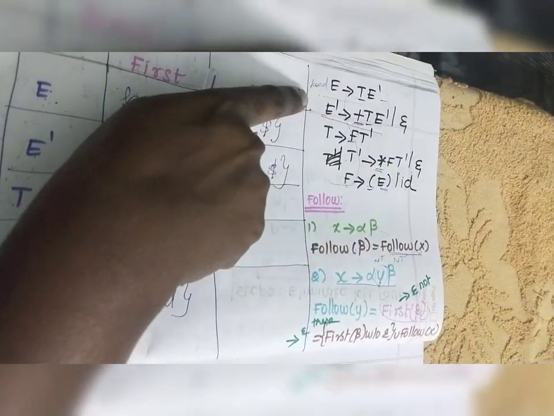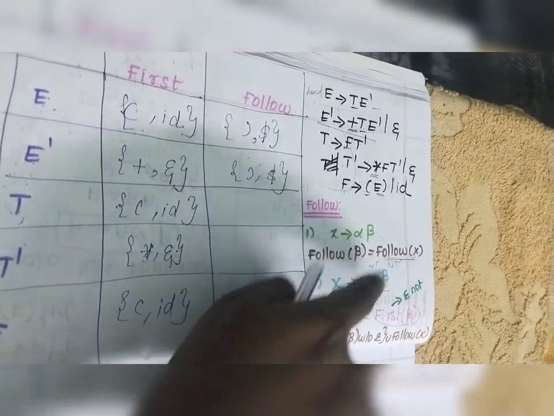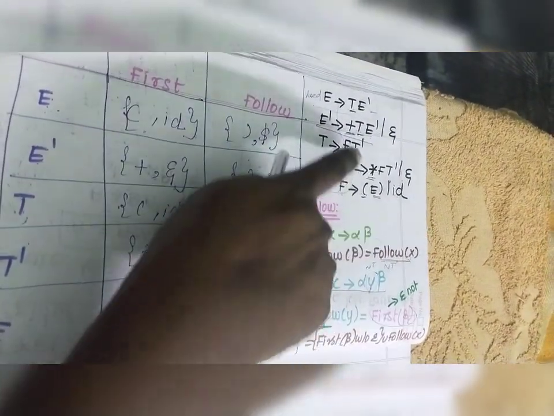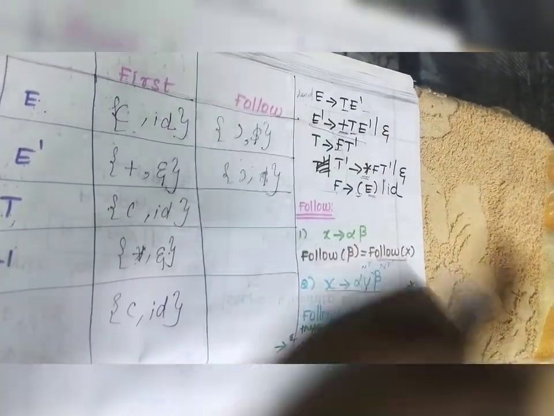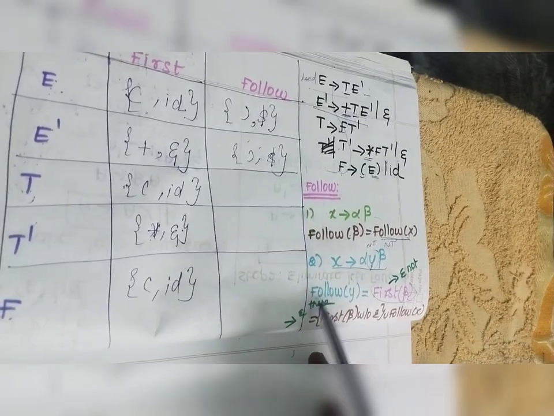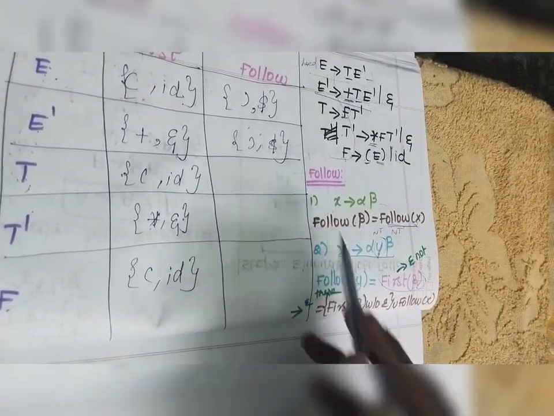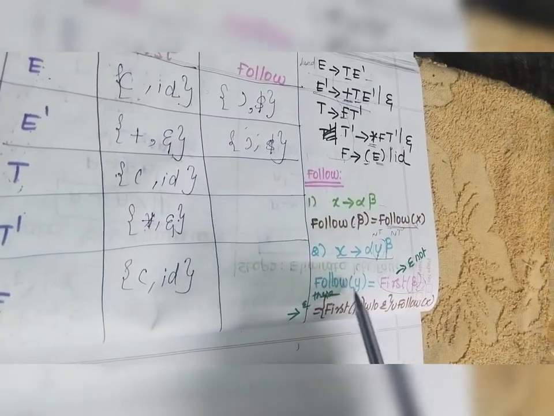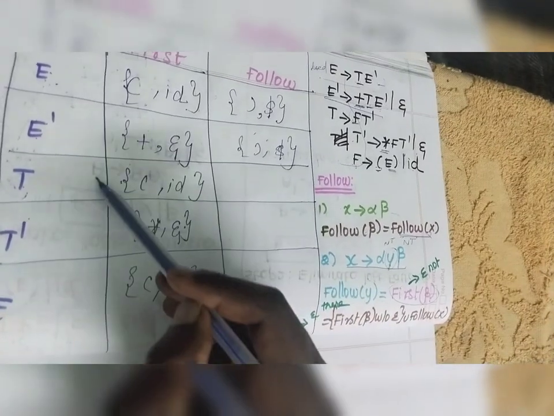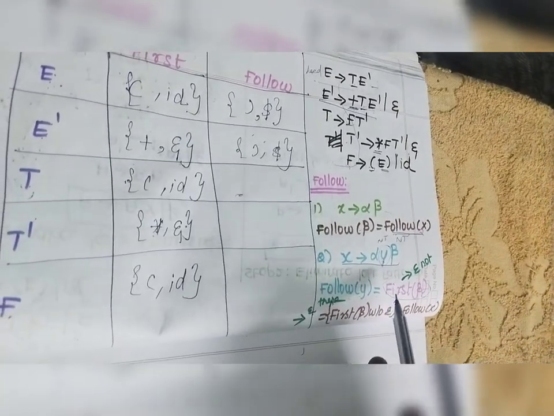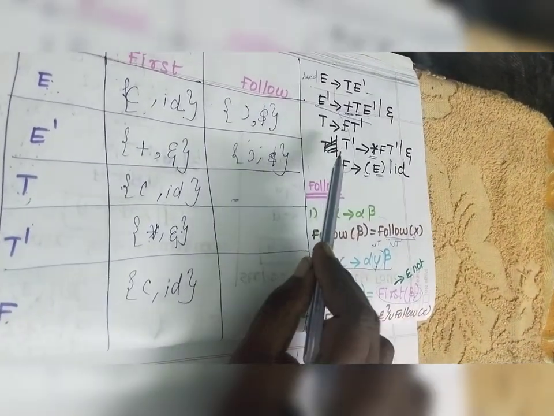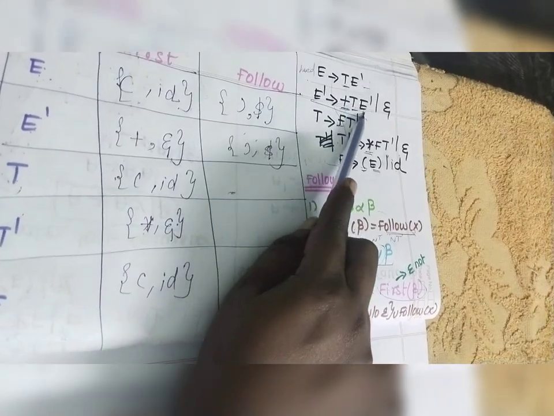X is E dash, alpha is plus, Y is T, beta is E dash. If I want to find the follow of Y, Y is T. So follow of T is equal to first of beta. Beta is here E dash.